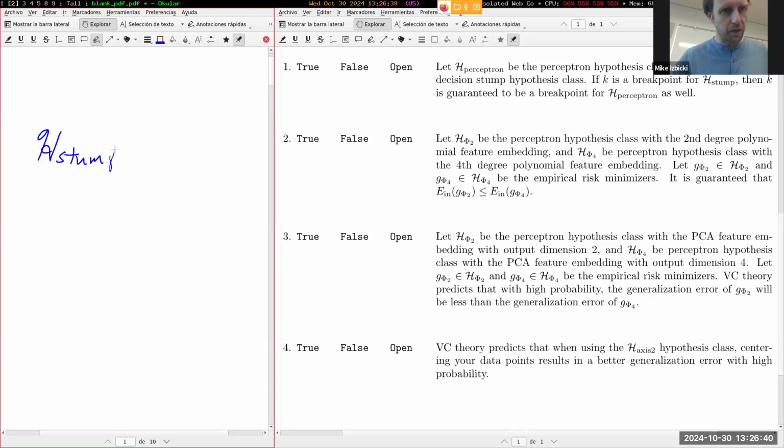H stump is a subset of the perceptron hypothesis class. And the reason for this, I think we covered in class before, is that the perceptron hyperplanes can be anywhere in the space, while the stump hyperplanes are only perpendicular to an axis. So every stump hypothesis can be realized by some perceptron hypothesis, but not vice versa.